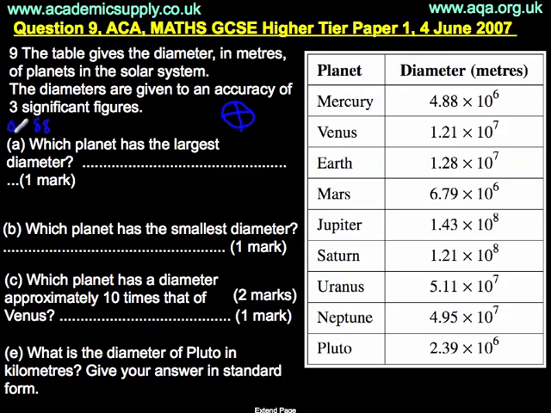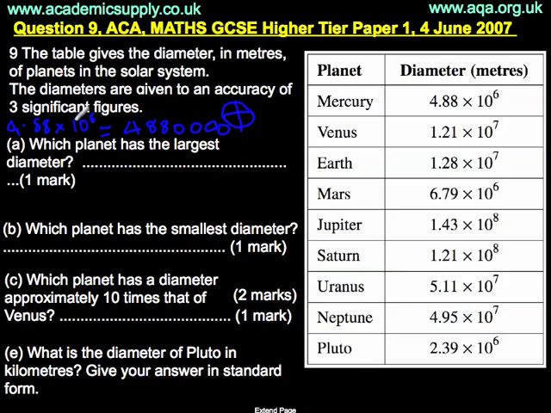4.88 times 10 to the 6 is 4, 8, 8, 0, 0, 0, 0, 0, 0. How do I know that?